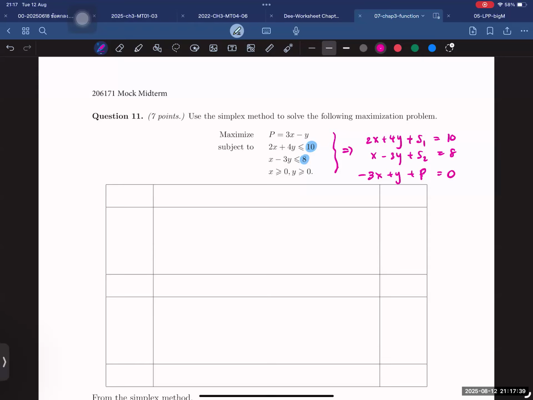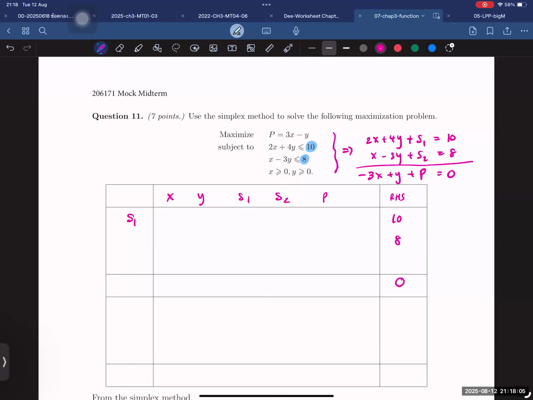And then we put the coefficients of the system in the table. So we get columns for x, y, s1, s2, and p. And here is your right hand side, right? It's going to be 10, 8, and 0. So the first one is s1, right?